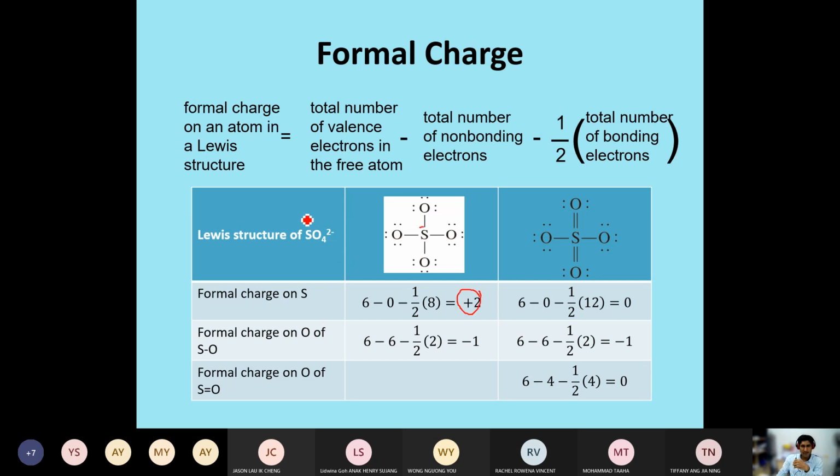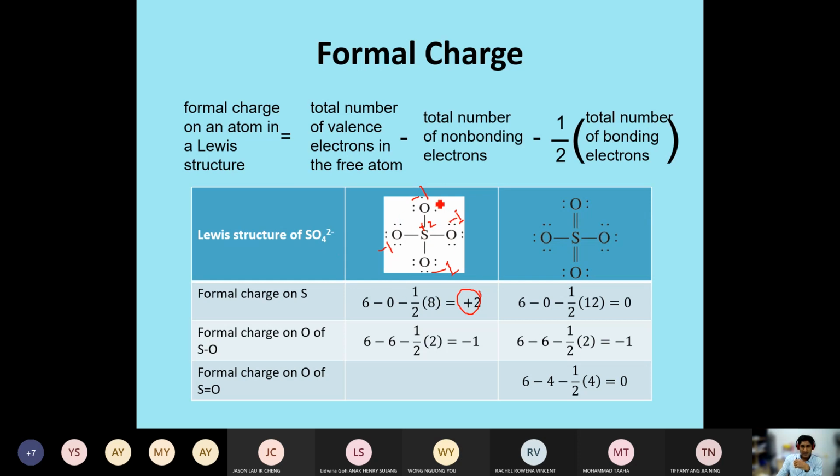On this sulfur it is having positive 2 charge, right? And on oxygen, each of them has negative 1 charge, and also this oxygen is negative 1 charge.